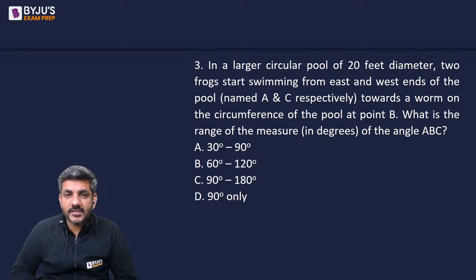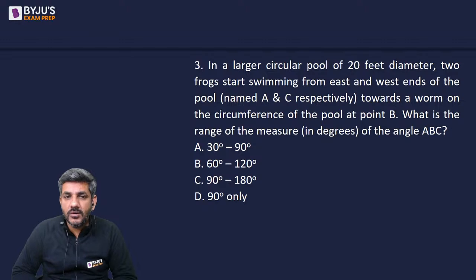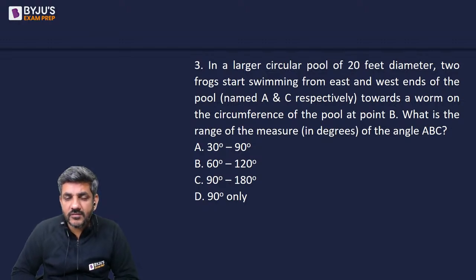Can I have any answer here? In a large circular pool of 20 feet diameter, two frogs start swimming from the east and west ends of the pool, named A and C respectively, towards a worm on the circumference of the pool at point B. What is the range of the measure of the angle ABC?